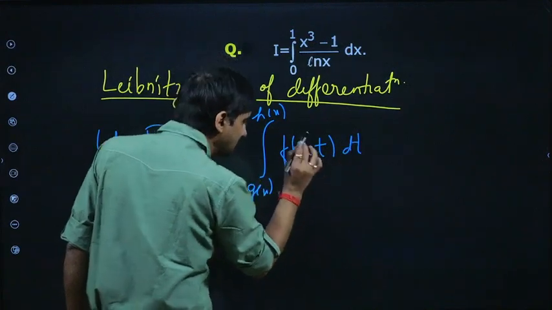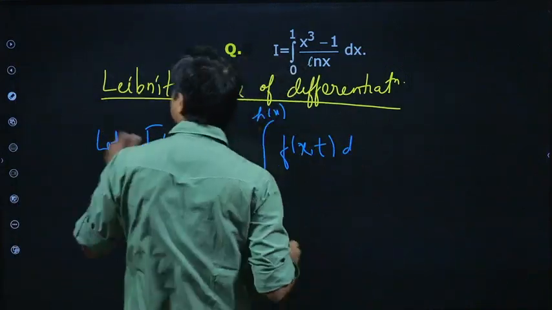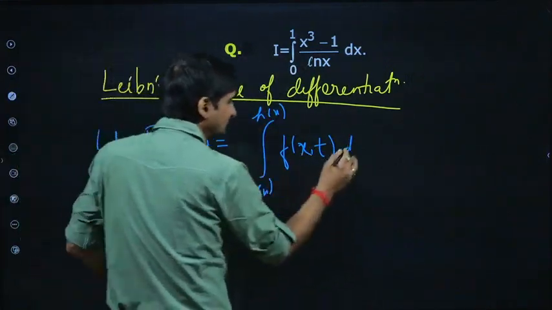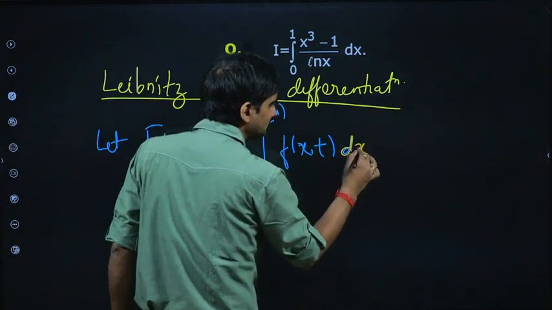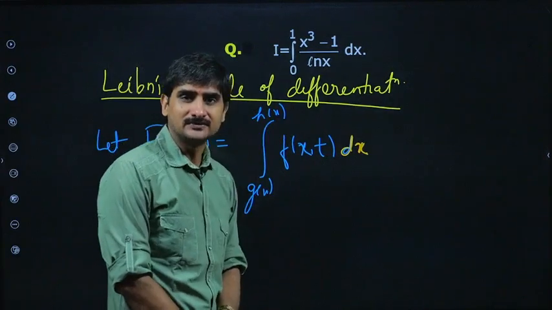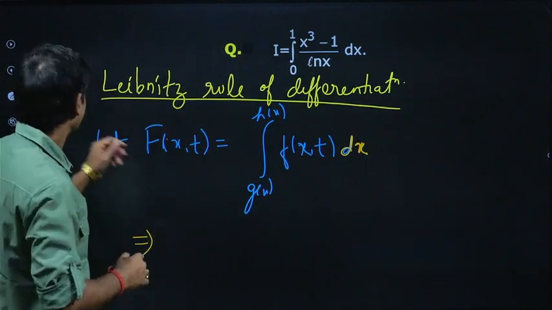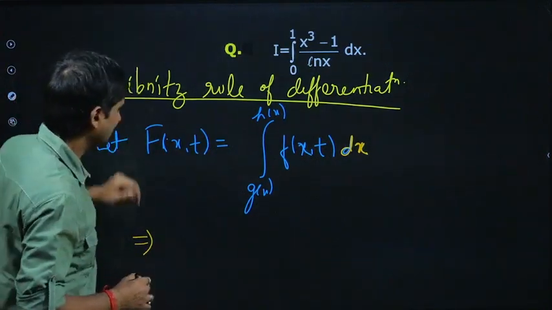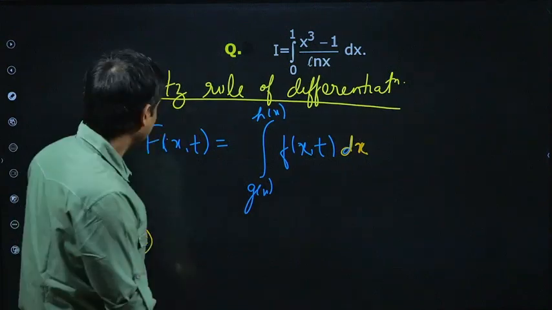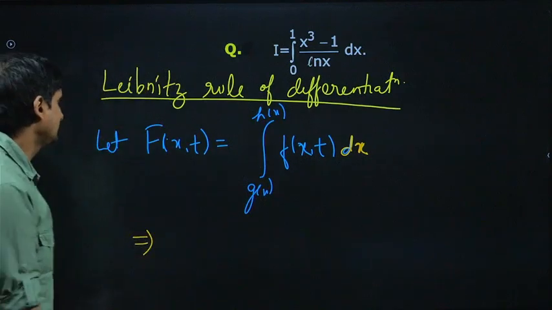I'm sorry, the variable of integral is x here, and the limit goes from g of x to h of x. If you have this integral, of course in that case we will get it in terms of a function of t also and a function of x also.